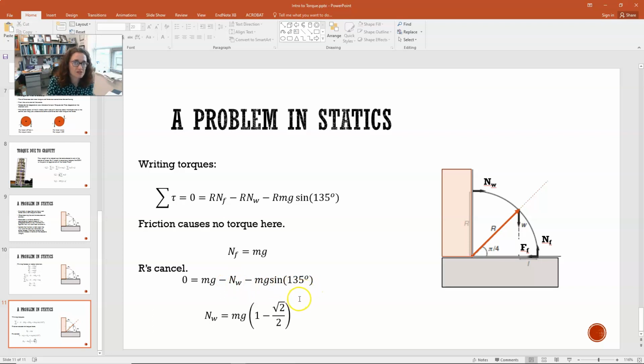My goal here was to solve for the normal forces. So if I add N sub W to both sides, I can see that N sub W is going to equal mg times 1 minus sine of 135 degrees. And the sine of 135 degrees is root 2 over 2. So that means that N sub W is equal to mg times 1 minus root 2 over 2.